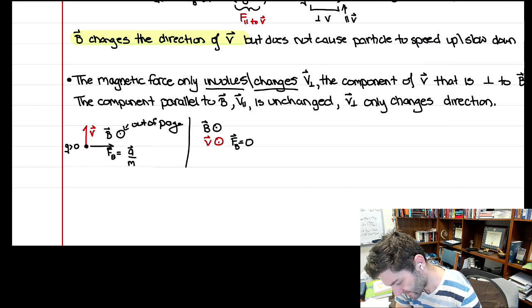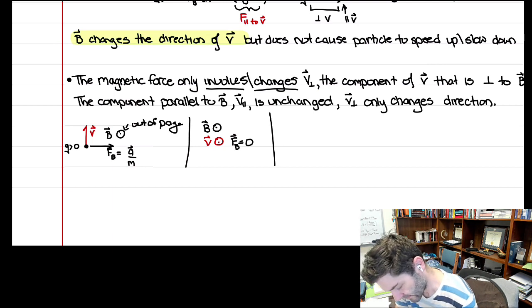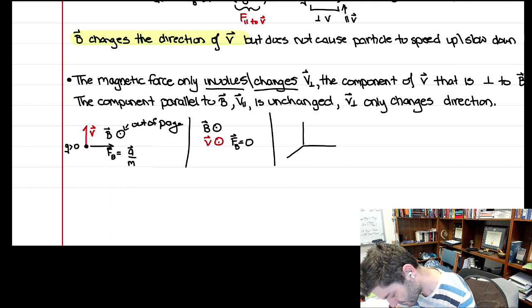But now let's take an example where there's some combination of both. Putting the magnetic field out of the page makes it hard for me to draw that, so I'm going to go to a 3D picture here. Here's the x direction, y direction, z direction.